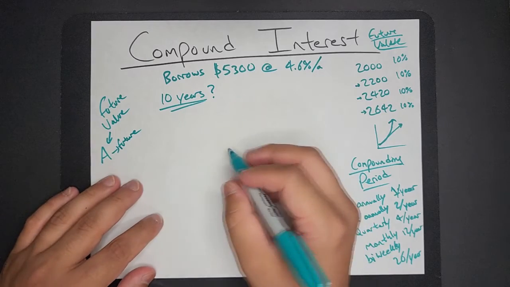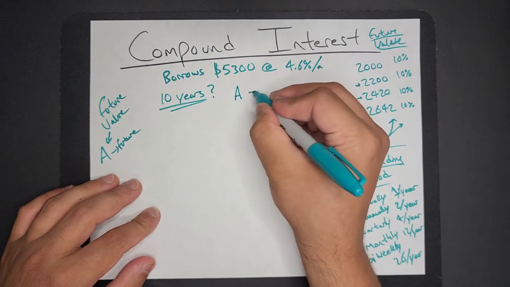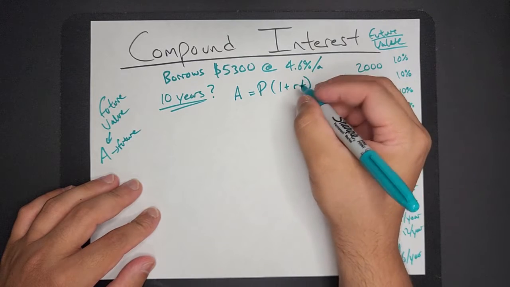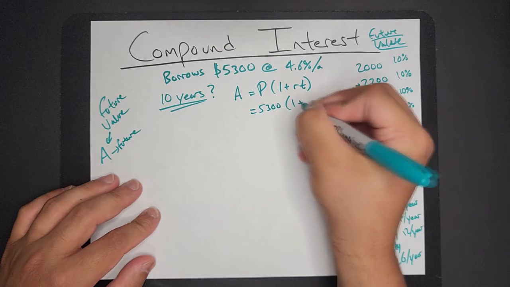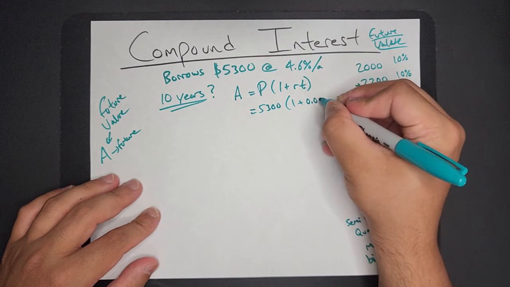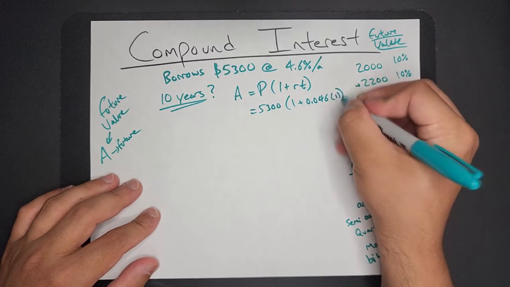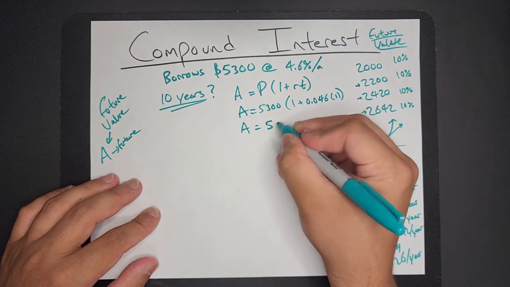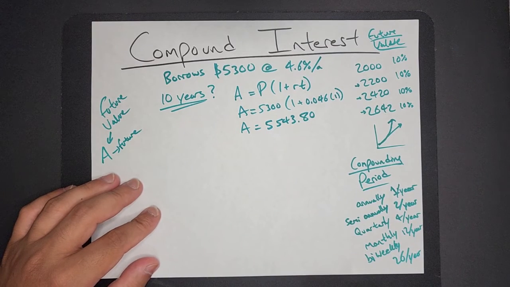So if we were to do the math, after 1 year, that's our interest rate R, and this is 1. After 1 year, you would have to owe back 5543.8.